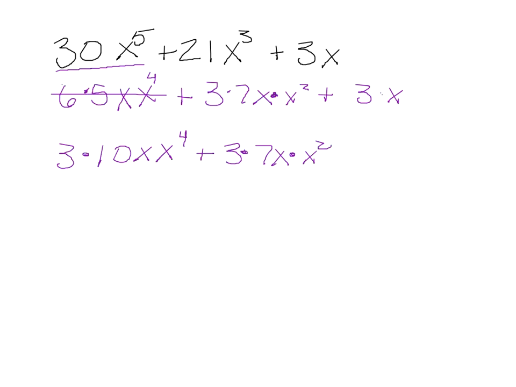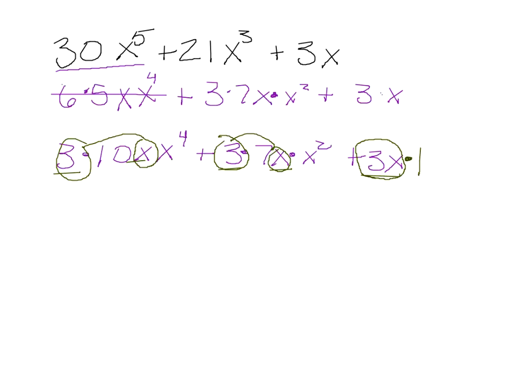That's a times. Okay. So you can see that each term has a 3 and an x. Now what you don't see here is that this is 3x times 1. So I'm going to circle each one of these. And the 3 and the x's aren't together, but I'm going to pull all of those out in front.